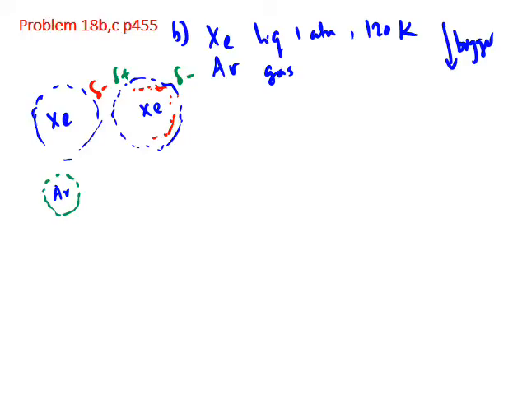So this kind of polarization makes xenon-xenon bonding stronger than argon-argon bonding. In argon-argon, electrons are not as loosely bonded as in case of xenon. So they're less polarizable.